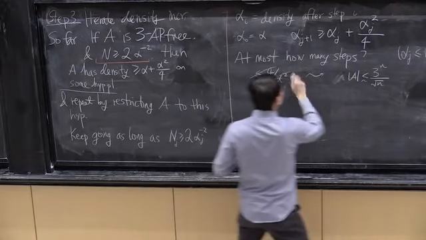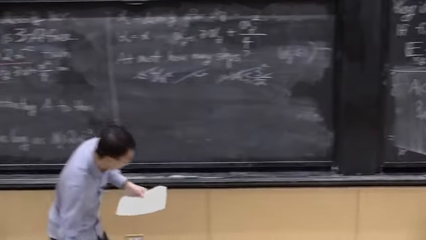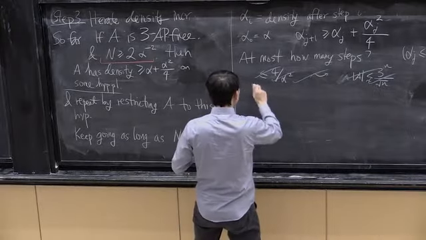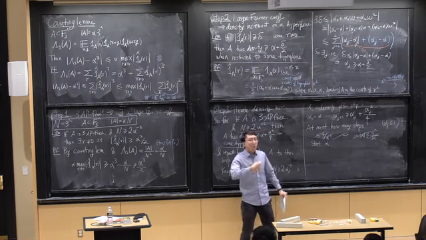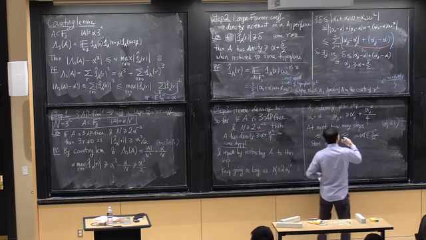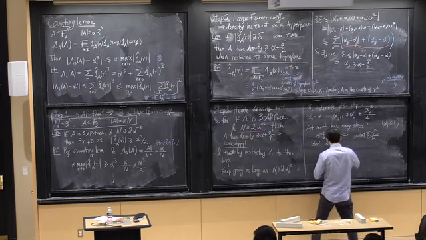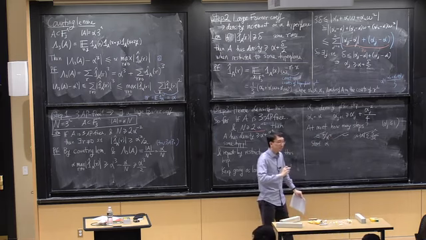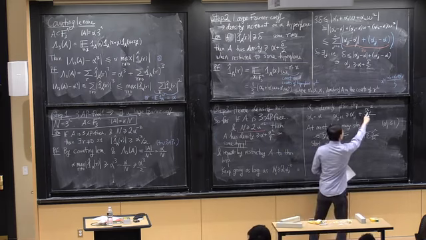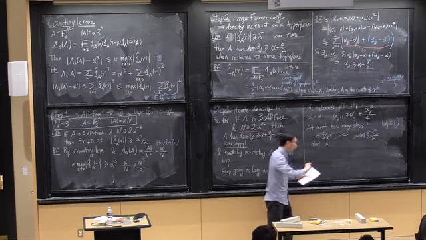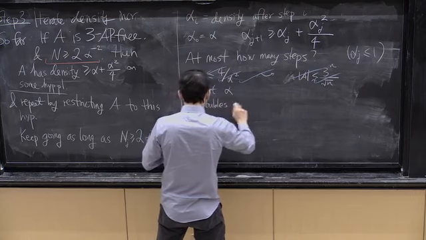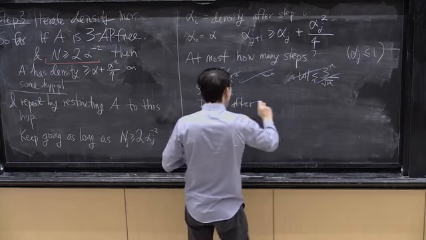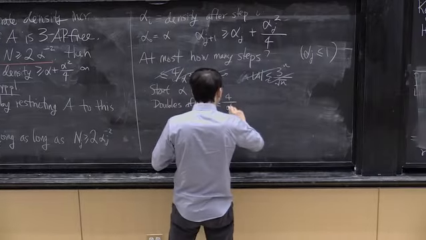We can do better. So starting at alpha, now ask how many steps do you need to take before it doubles? Well, it goes up by alpha squared over 4. So it doubles after at most 4 over alpha steps.